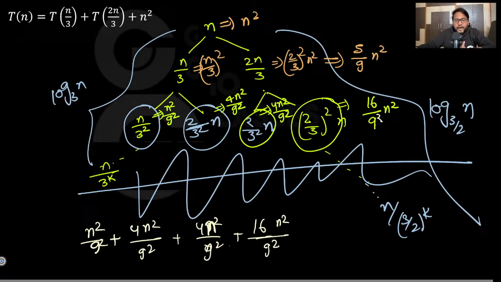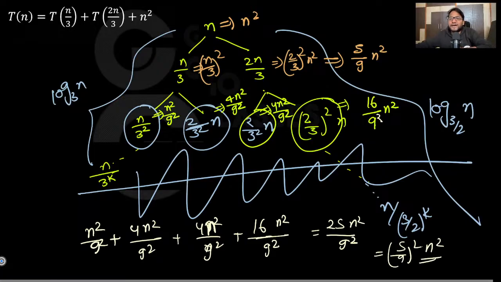If you add this, I think this is going to be 25 n square by 9 square, which is nothing but 5 upon 9 whole square n square. So at this level I am doing the work 5 upon 9 whole square n square, right?